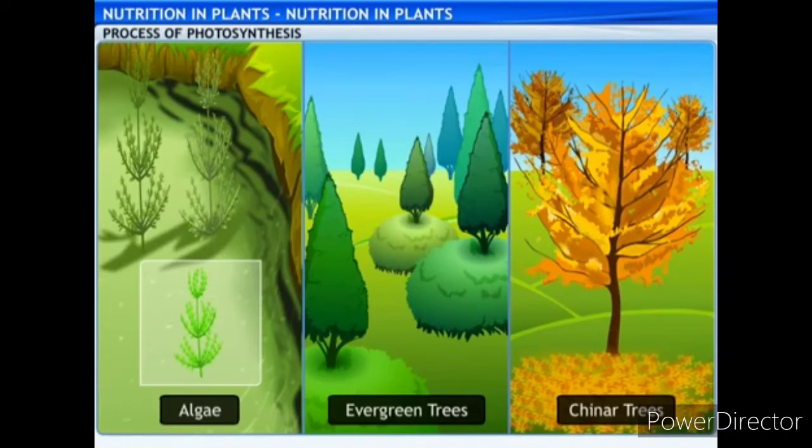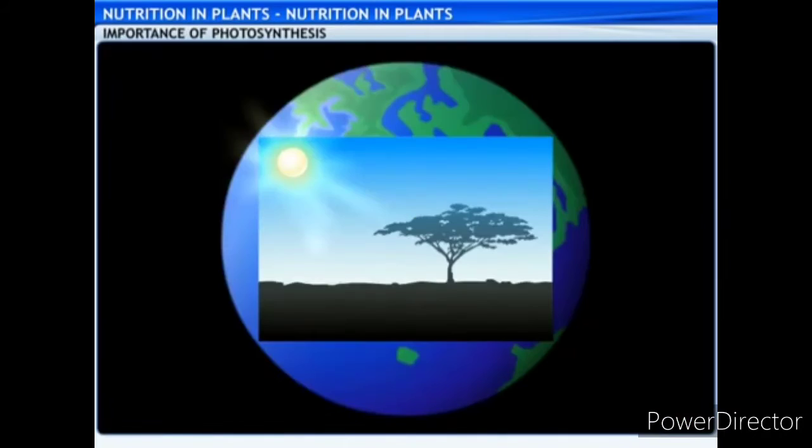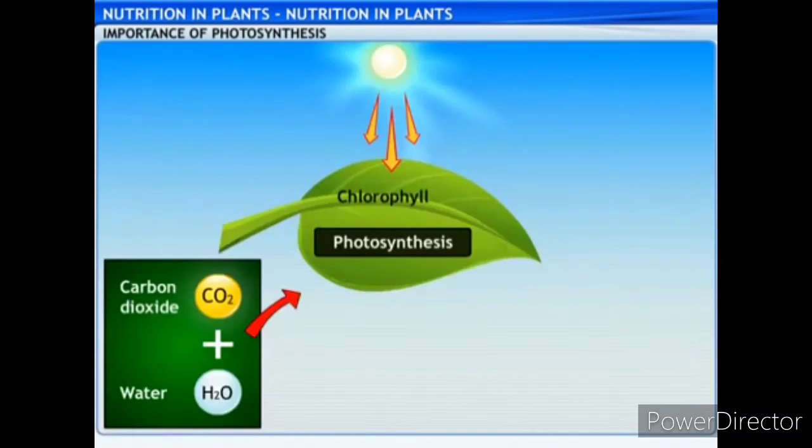Algae, evergreen plants and some colored plants in our environment also participate in the photosynthesis process. The sun is the main source for photosynthesis. Without sunlight, we can't get it. Sunlight is responsible for the photosynthesis process.